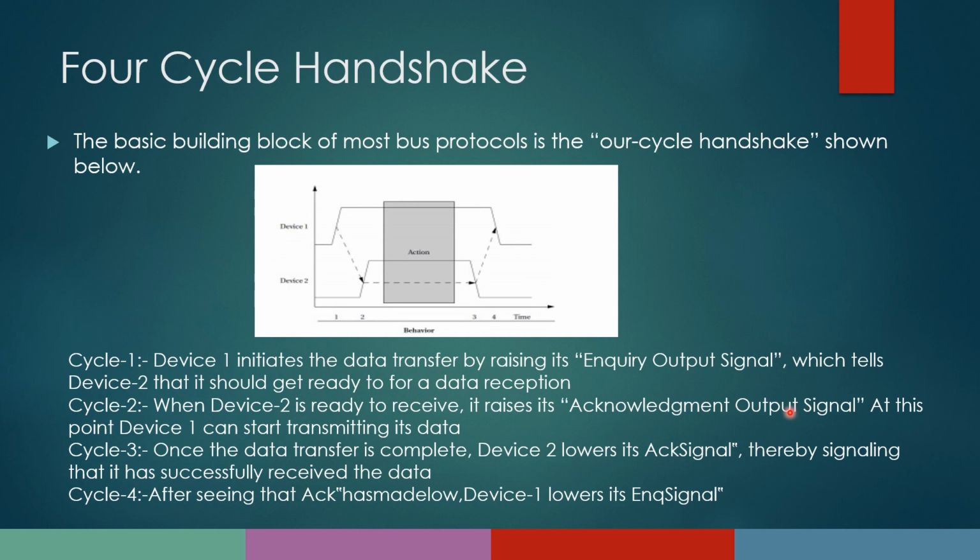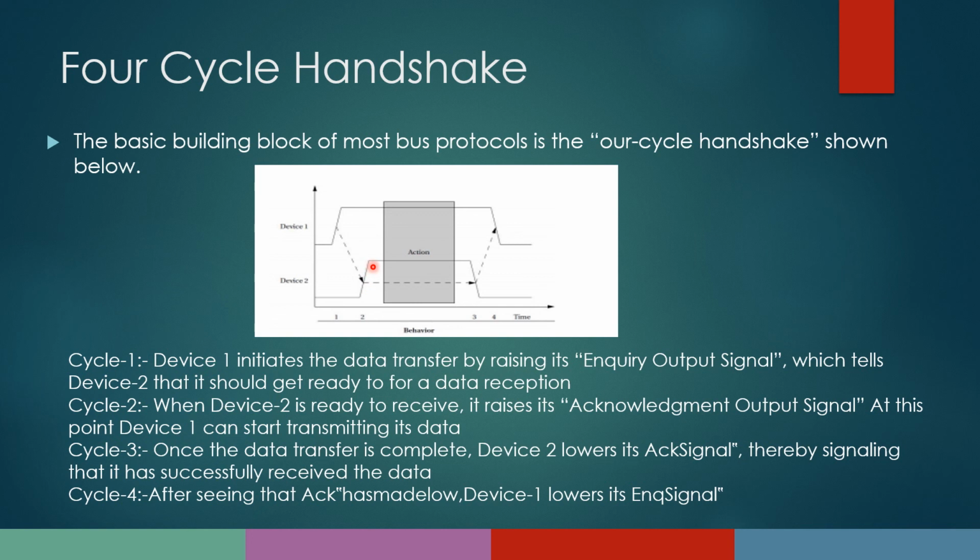That it is ready for data reception so that device 1 can start transmitting its data. Between this time lag, the two signals occur. That is, first in cycle 1, device 1 initiates the inquiry output signal, and after a particular time period, device 2 also sends back its acknowledgement signal.